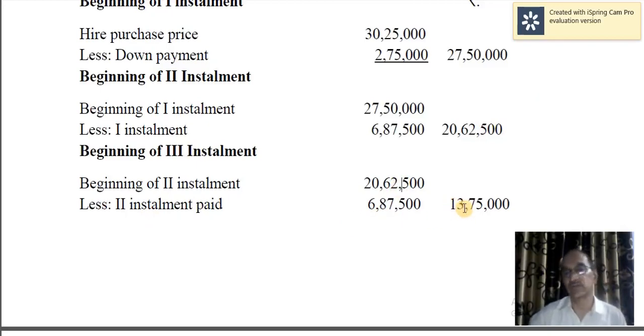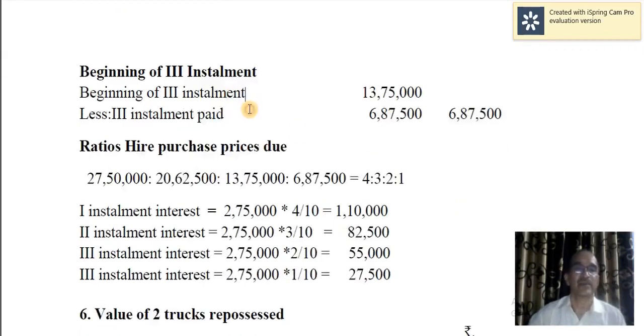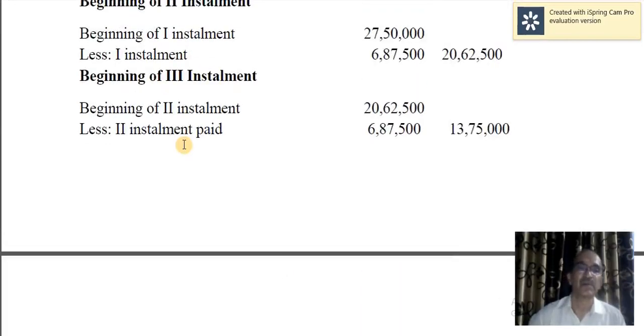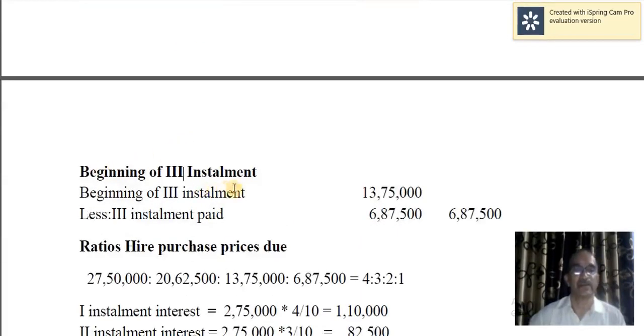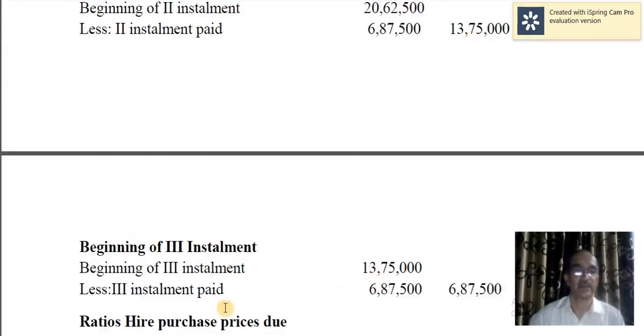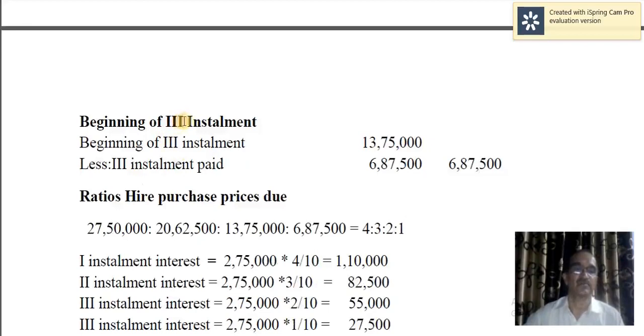Therefore, this is the outstanding at the beginning of the third installment, 13,75,000. Then the third installment you have paid. Therefore, after deducting 6,87,500, the outstanding hire purchase price is 6,87,500. So this should be the fourth one, not the third one.